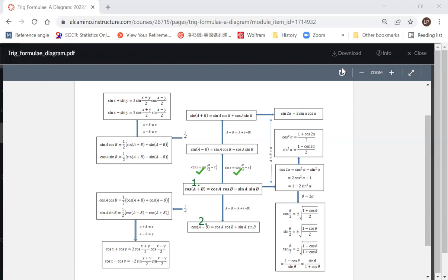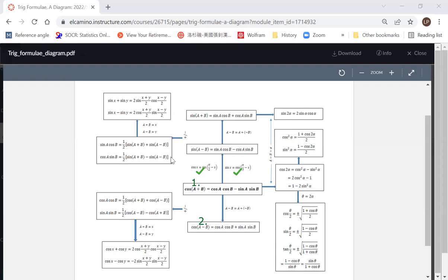So now you can see the roadmap, right? You can change from product to sum or difference, which you often need in calculus 2, and from sum or difference to product. And sometimes you need that in solving equations, say in calculus 1.